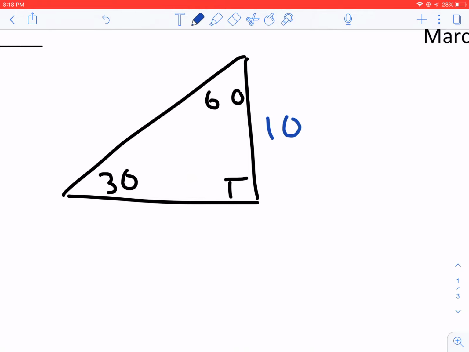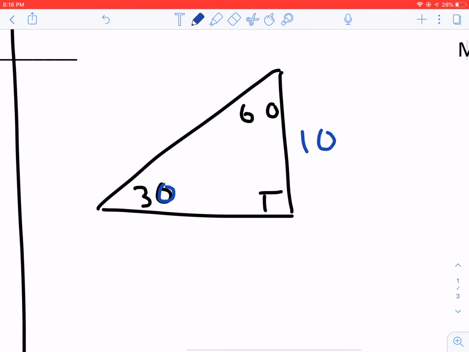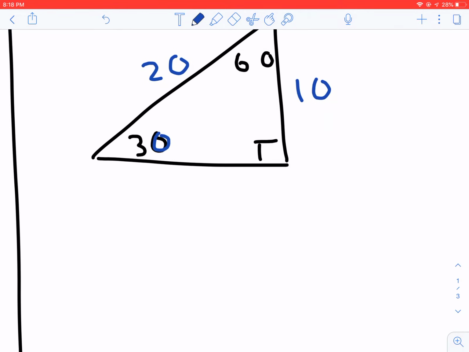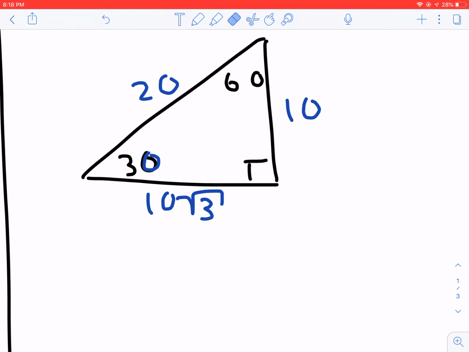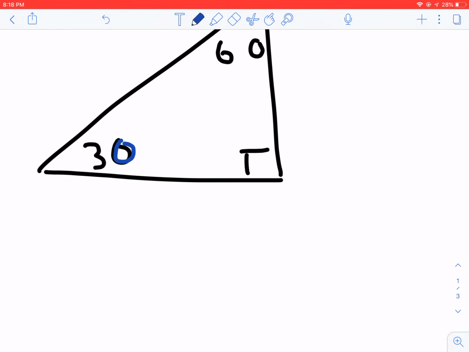For example, if the shorter leg was 10, I know it's the shorter leg because it's across from the 30-degree angle. Then it's easy to find the hypotenuse. That's 20, twice the shorter leg. And the longer leg is going to be 10 radical 3, radical 3 times the shorter leg. So the problem I was seeing was when they didn't give you the shorter leg or the hypotenuse and they gave you the longer leg, some people had difficulty getting the other two sides.